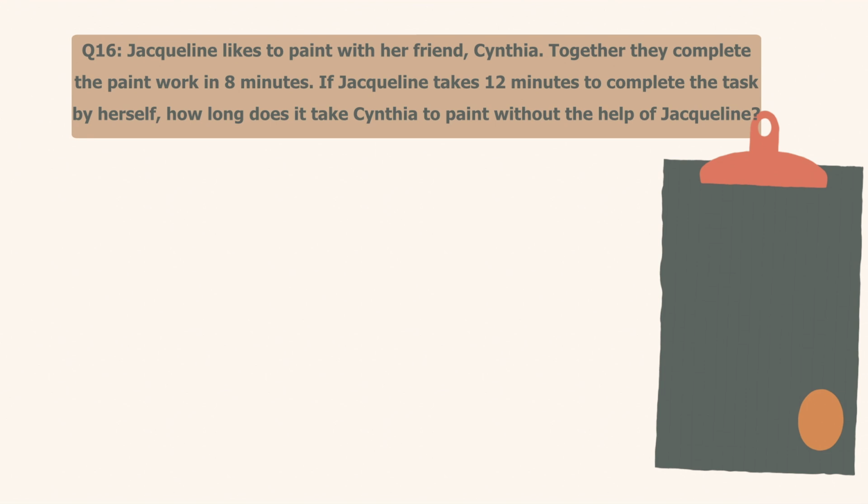Unnecessary information is given. Jacqueline likes to paint with her friend Cynthia. Totally unnecessary. Together they complete the paintwork in 8 minutes. So we only got 1 point, that is Jacqueline and Cynthia together will do 1 by 8 work. If Jacqueline takes 12 minutes to complete the task by herself, so 1 by J is 1 by 12.